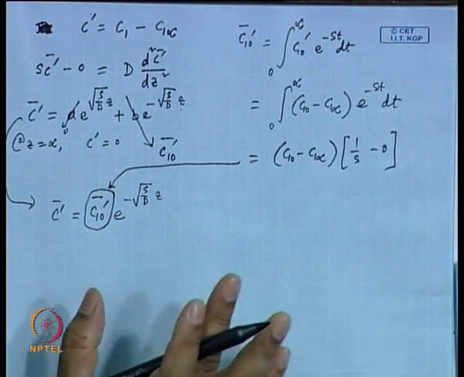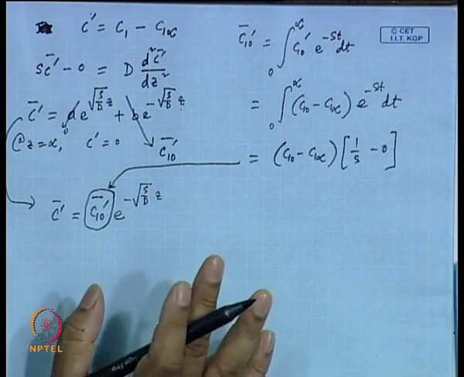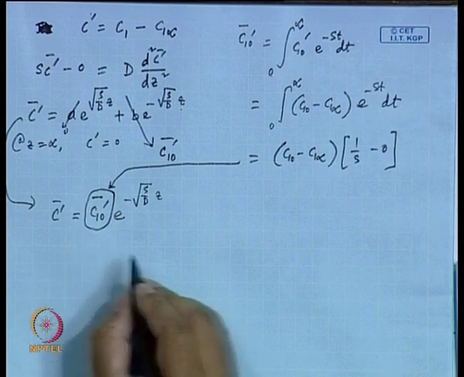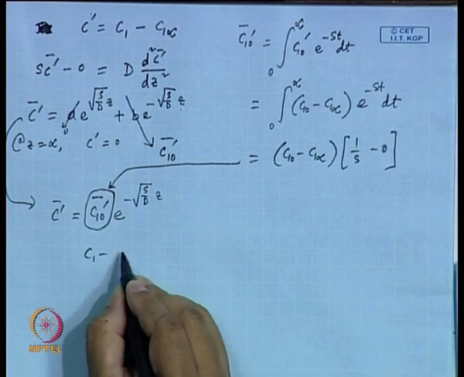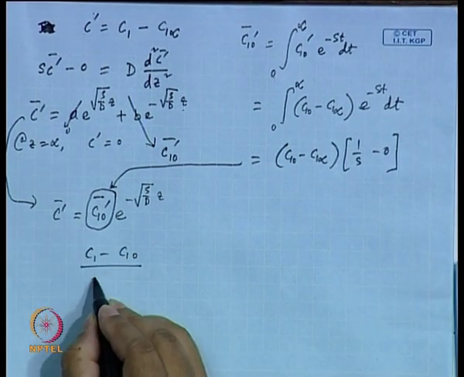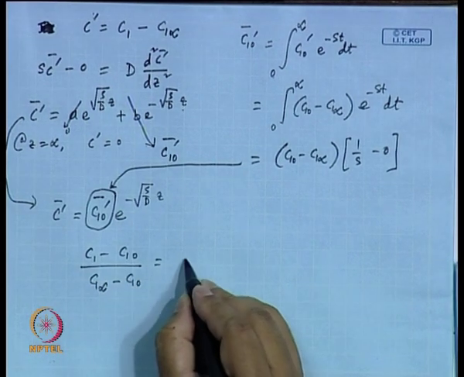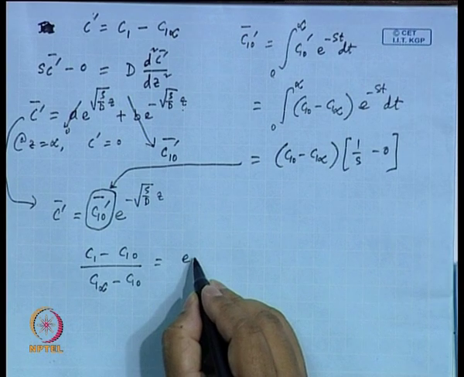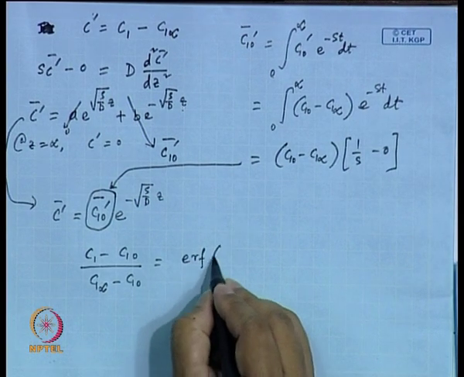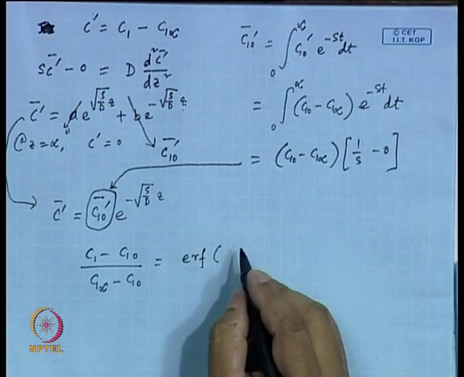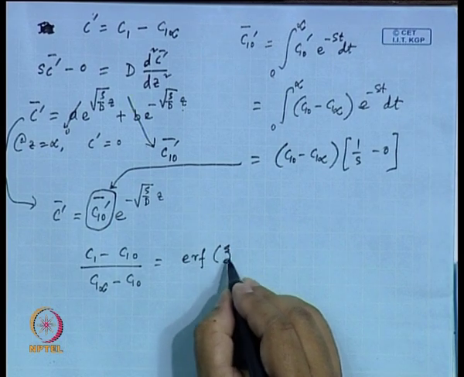You go to the table for Laplace transform and you can see that the final form that you get is C1 minus C1 0 divided by C1 infinity minus C1 0, that is equal to nothing but the error function of zeta.